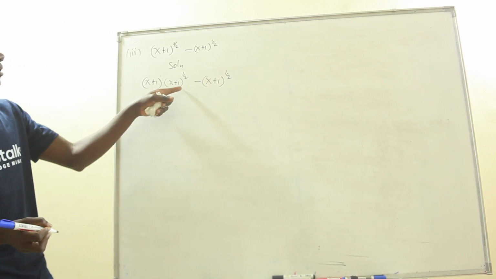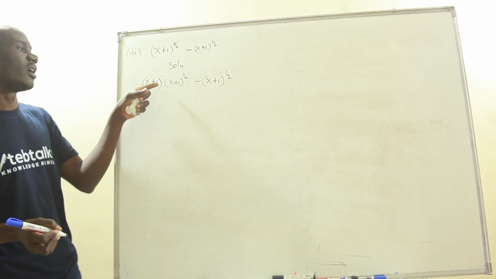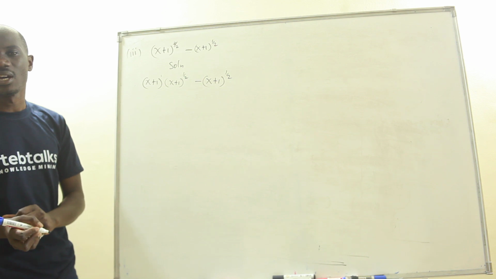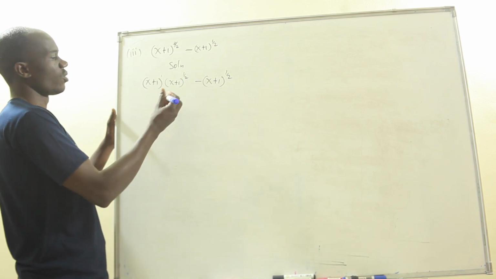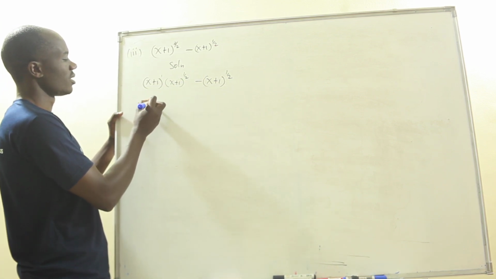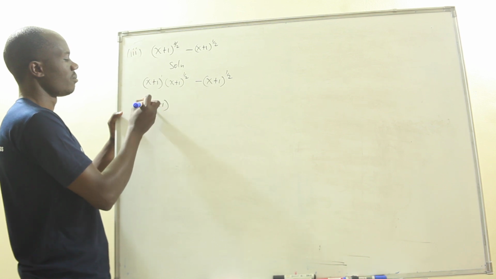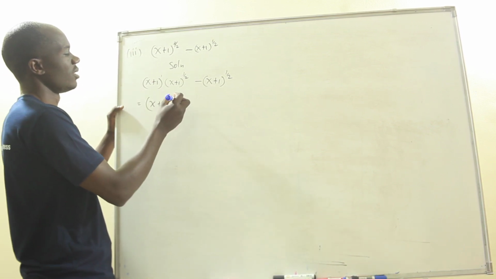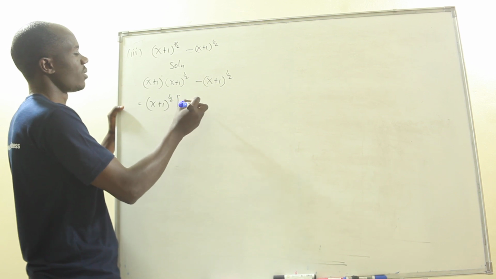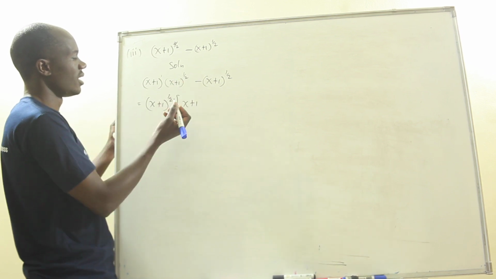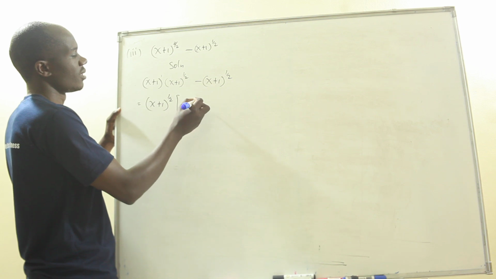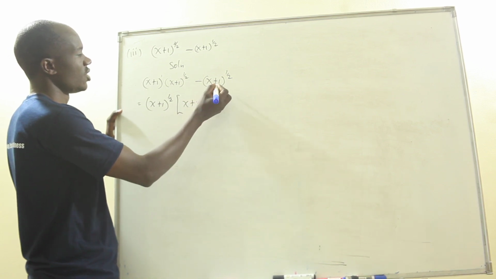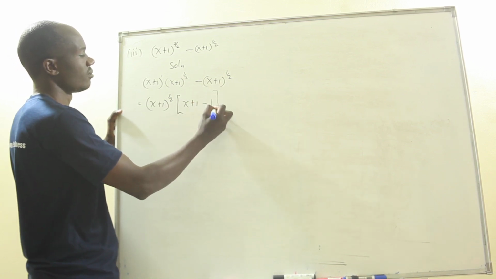Such that you can see here, these numbers have the same base. When I add the powers, I come out with 3 over 2. Then, what is common? What is common is (x plus 1) power half. Then I remain with (x plus 1), because this one is already out, minus, this one is already out, I can say minus 1.